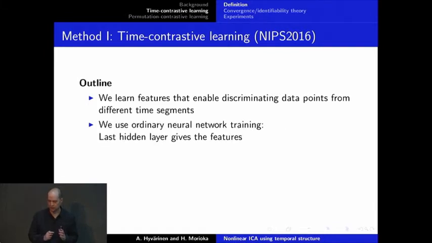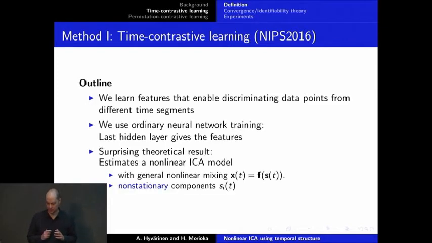So we use ordinary neural network training where the last hidden layer gives the features, and then we prove this rather surprising theoretical result, at least it was quite surprising to me, that actually this heuristic method estimates a nonlinear ICA model where the observed data vector x is a rather general arbitrary nonlinear function of the independent components, and importantly, these independent components are non-stationary.